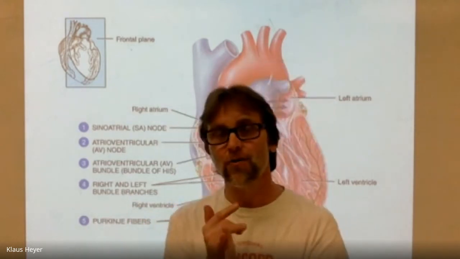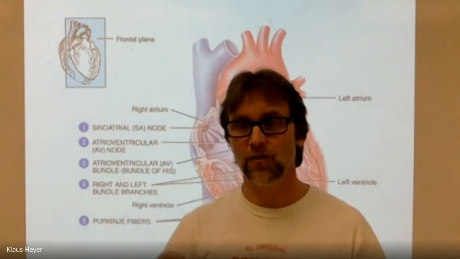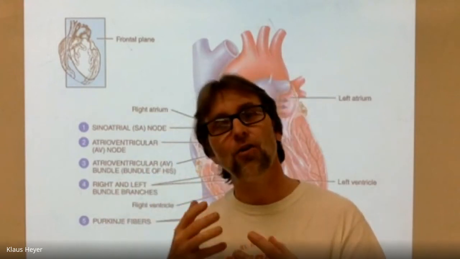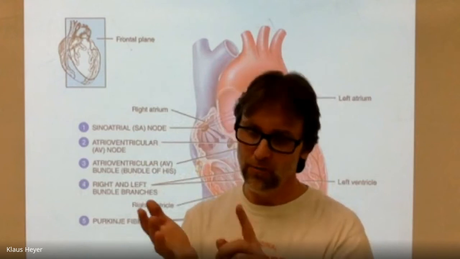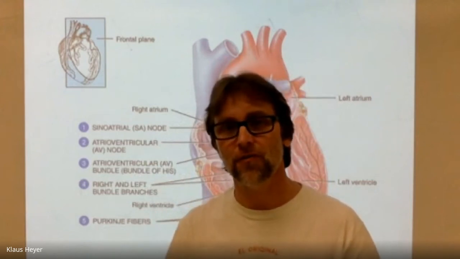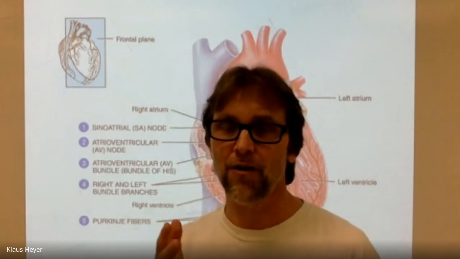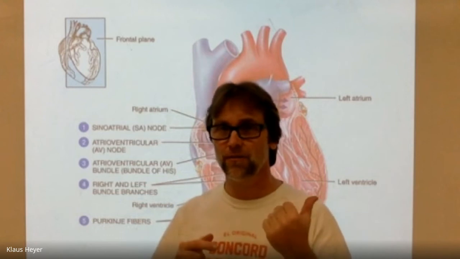But right now we have one question, and it's a difficult question because it's about where blood goes in the heart. Start with the right atrium. Where does the blood go next? This is where we left off at the end of last class.